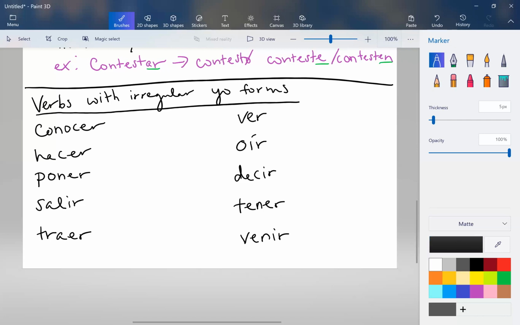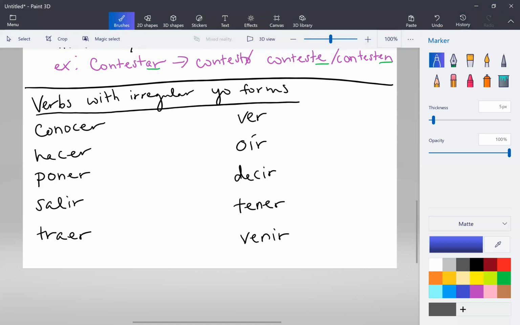All right. Does anybody know the yo form of any of these verbs? Does anybody know any of them? Okay.